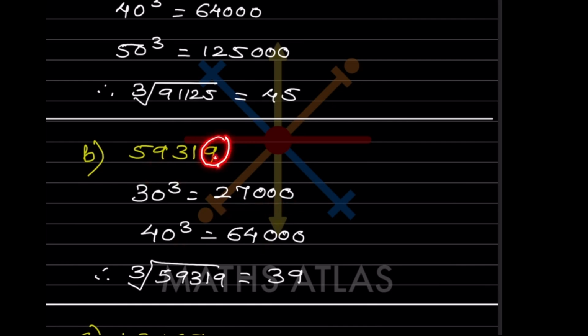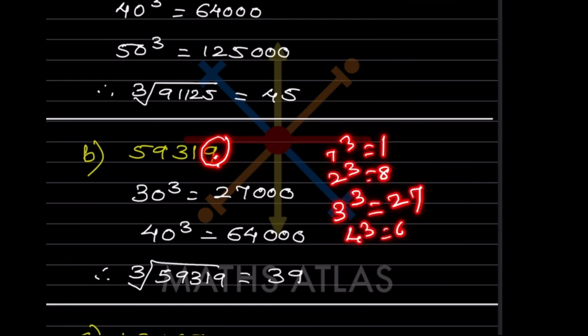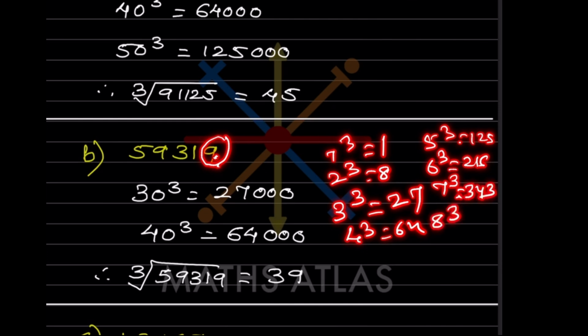This one is 9. So 1 cube is 1, 2 cube is 8, 3 cube is 27, 4 cube is 64, 5 cube is 125, 6 cube is 216, 7 cube is, 7 7s are 49, that is 343. Then 8 cube, 8 8s are 64, and 64 8s are 512.